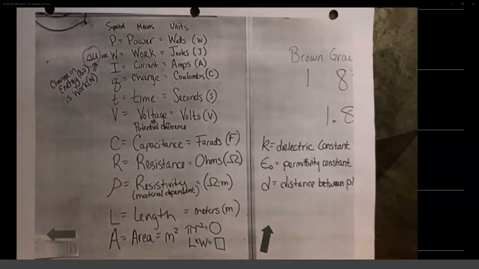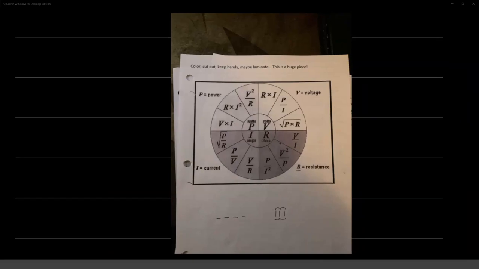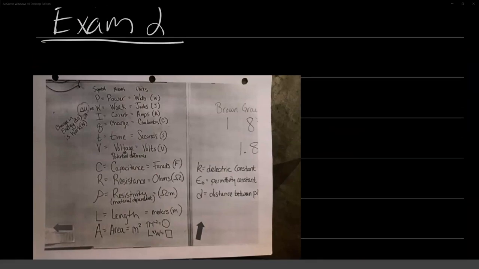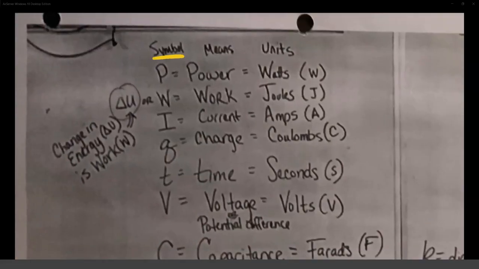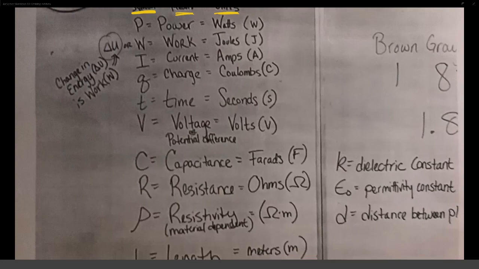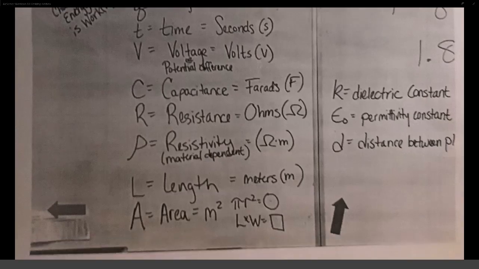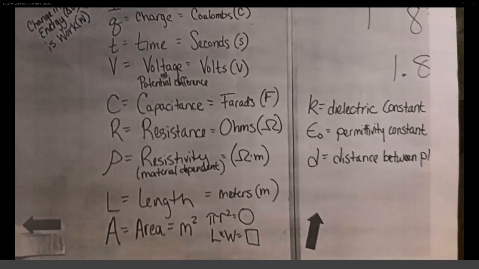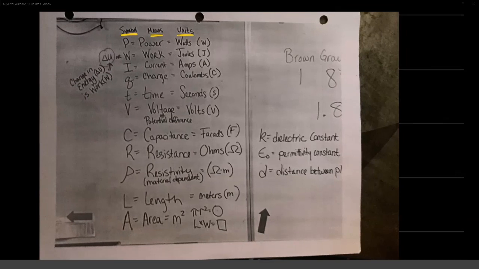It's each symbol, what they mean, and then the units for that symbol. So knowing all these is going to be super important, and we'll go through some of them more later on. I know a lot of you probably have this already. If not, maybe it'd be a good idea to watch the YouTube video after and then write all these down so you have them for the test.